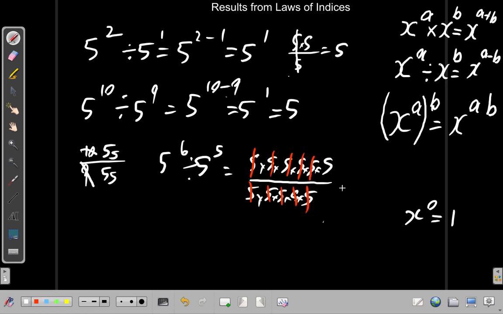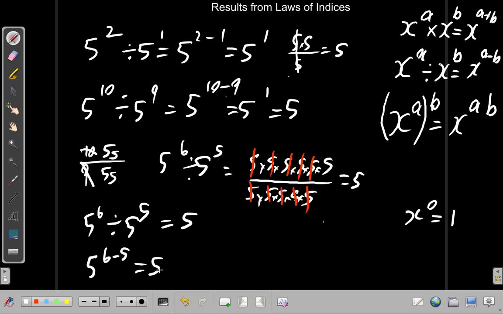You have only one 5 left. So 5 to the 6 divided by 5 to the 5 should amount to 5. According to this law, it is 5 to the 6 minus 5. But what is 5 to the 6 minus 5? It is 5 to the 1, equal to 5.